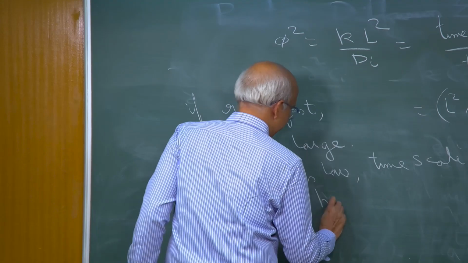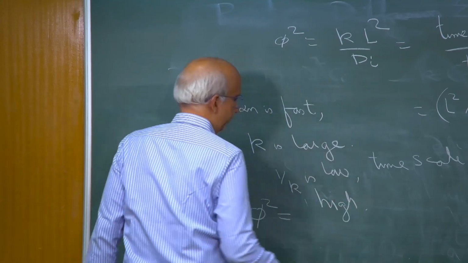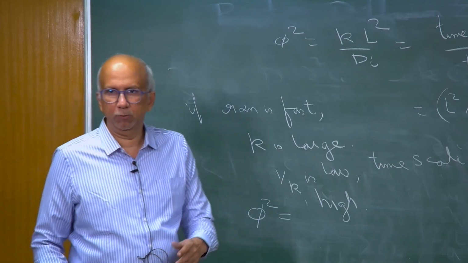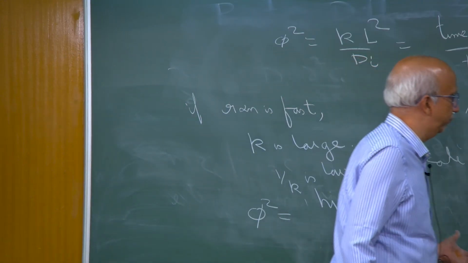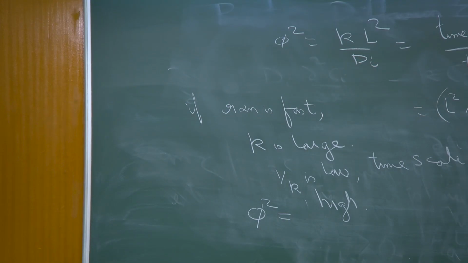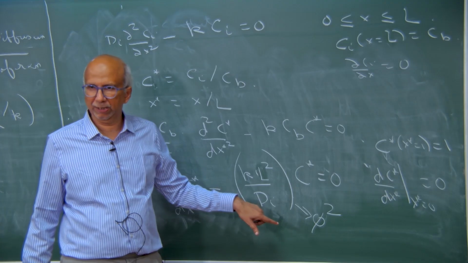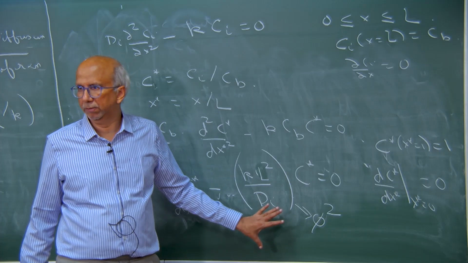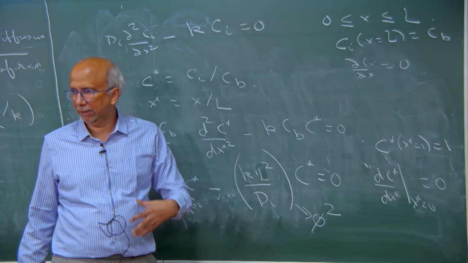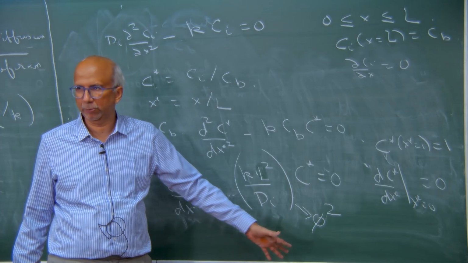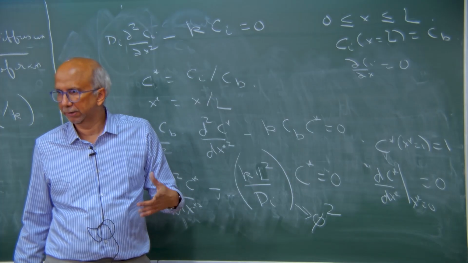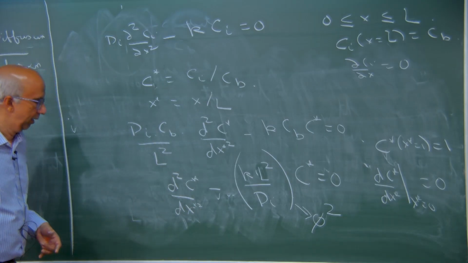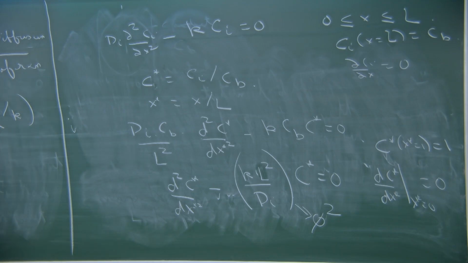Phi squared is high. Now, you may think why the guy suddenly put phi squared here. There are two reasons, you will see very soon mathematically what is the reason. The second reason, physical reason is this is a positive quantity. Okay. So, I can tell you it is a positive quantity by saying it is phi squared. So, it can't be negative, that is one way to argue. Okay. And the other way you will soon see why I put phi squared.